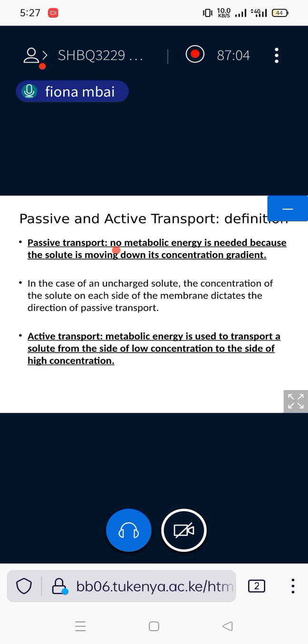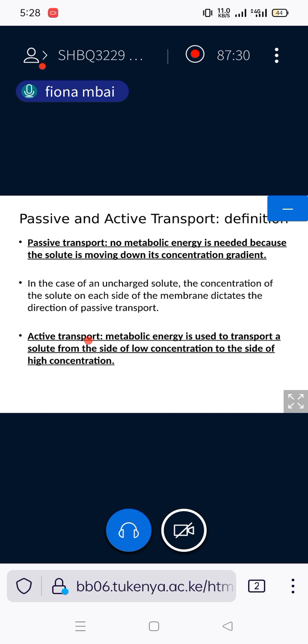Passive transport, there is no metabolic energy needed because the solute is moving down its concentration gradient. In the case of uncharged solute, the concentration of the solute on each side of the membrane will dictate the direction of passive transport, positive or negative.